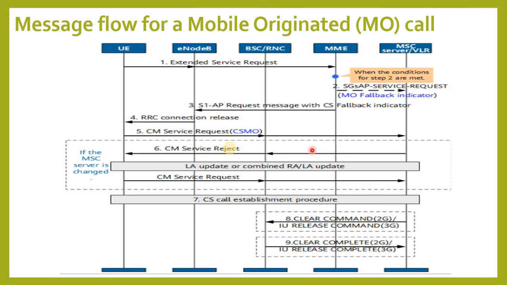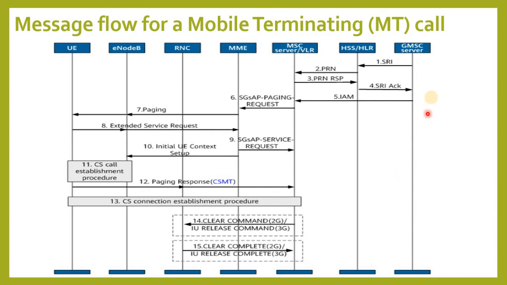In this case, there are certain other messages which we are not going to discuss here, but are just mentioned here, for the case where the MSC is different from the normal MSC on which the subscriber was already registered via the SGs interface, and what different messages will be shared. So this call will basically be the normal call as followed on the 2G or 3G network.